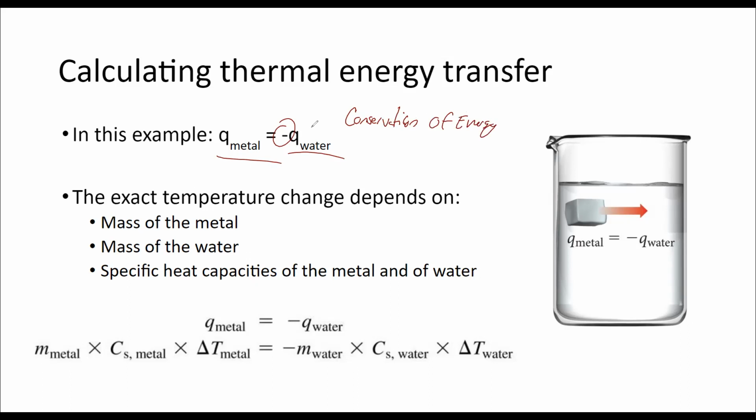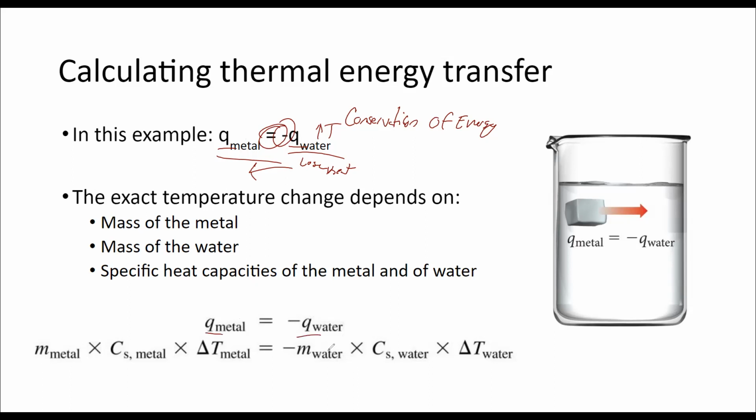If the water has a higher temperature than the metal, the water is going to lose heat, and all of the heat lost is given to the metal. So that's why we have this equal sign here. The heat gained by the metal is equal to the heat lost by the water.